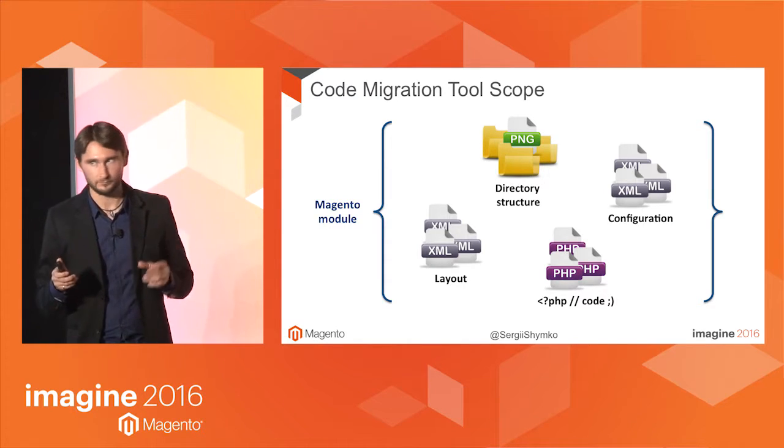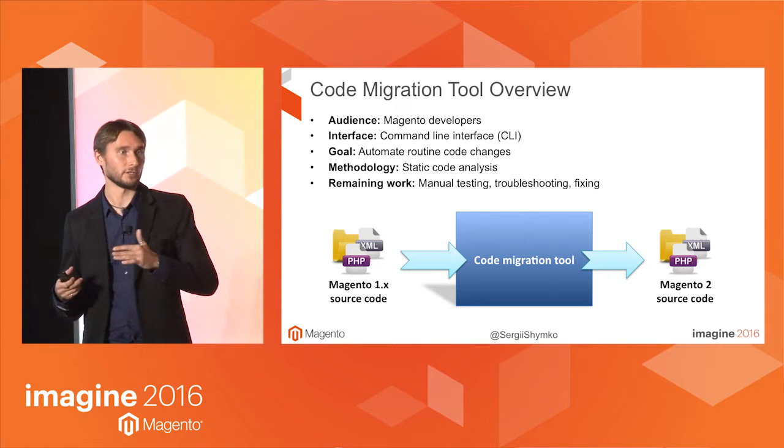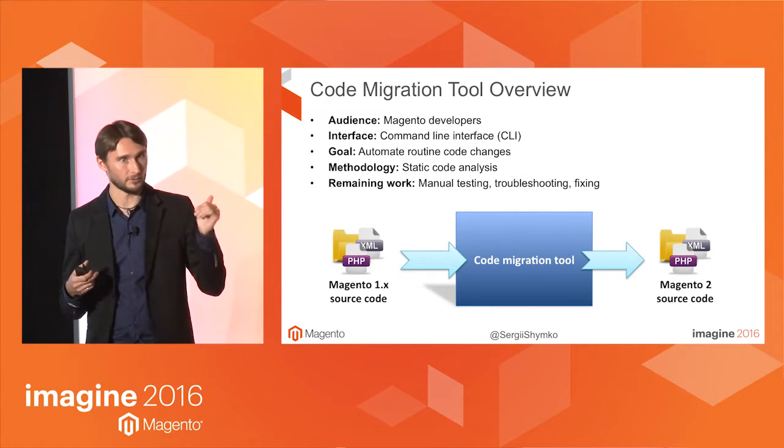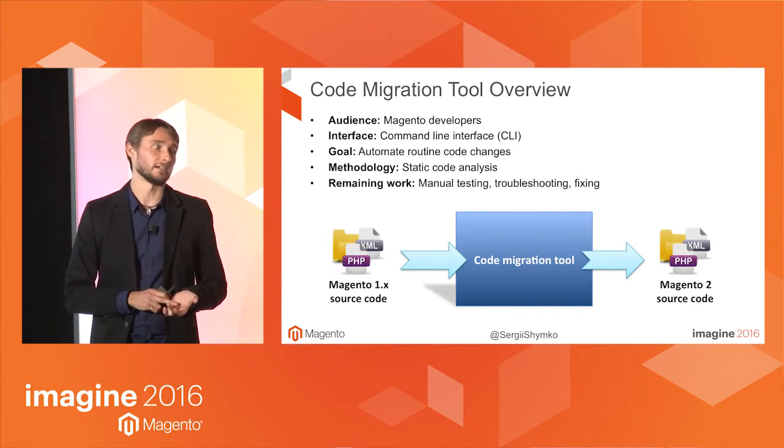Tool migrates modules, but what exactly from modules it's going to migrate? First of all, it's a directory structure of the module. And it's not just directories. It's pretty much all the files in these directories included, especially binary files like images. They will just stay in those directories, and they will go to the proper places according to Magento 2 conventions. Then configuration files.